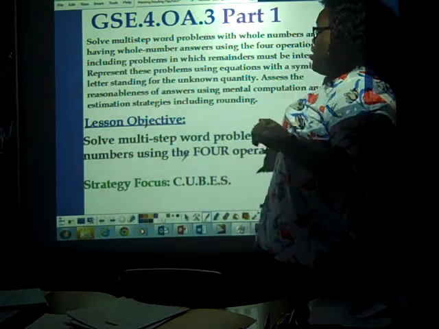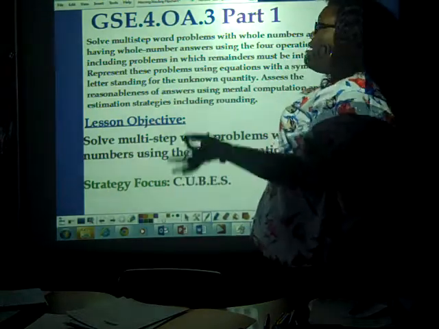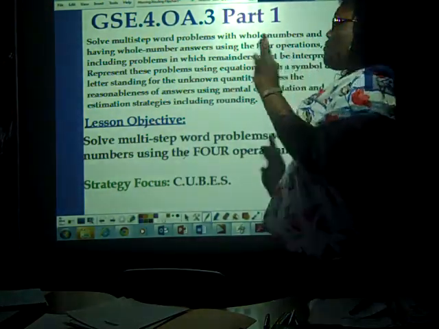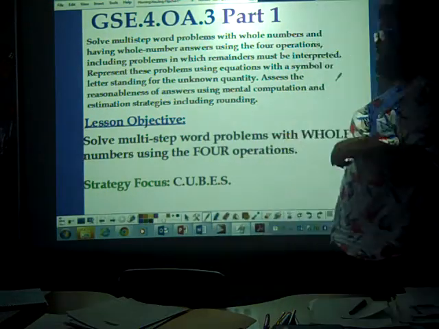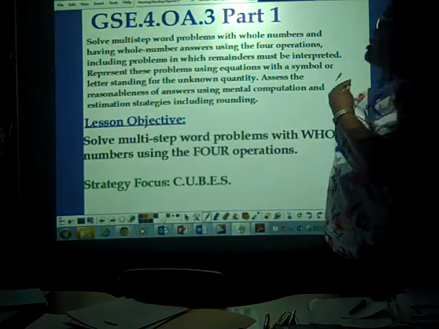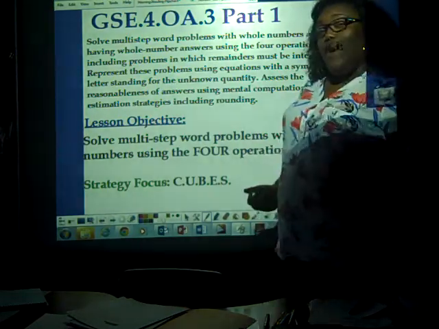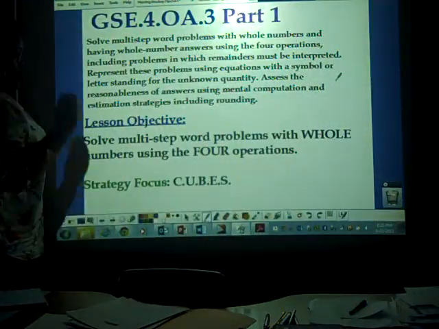Represent these problems using equations with a symbol or letter standing for the unknown quantity. Assess the reasonableness of answers using mental computation and estimation strategies, including rounding. So that is what we're focusing on today. Let's not waste any more time and get started.